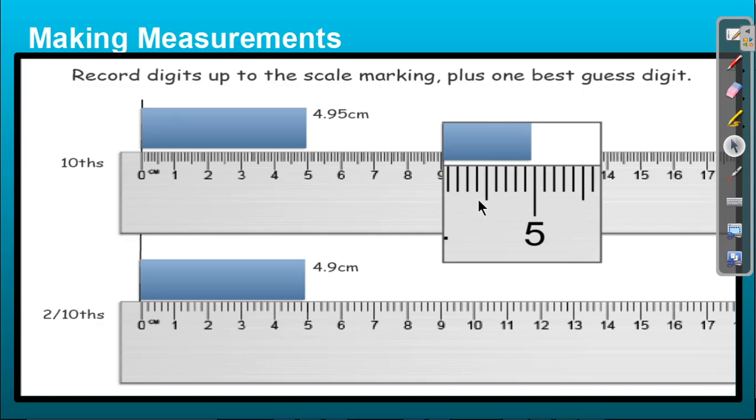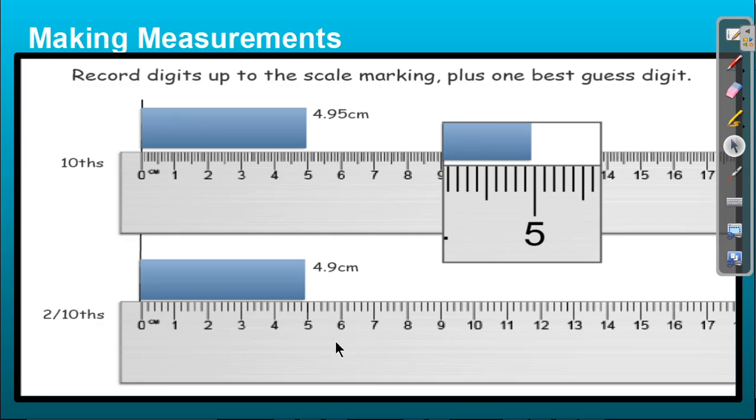Well, somebody could have guessed 4.96. Somebody could guess 4.97. It's up to you. The last digit is a guess. When you measure in science, you always give me one more digit than the scale can read. That's how we do things.